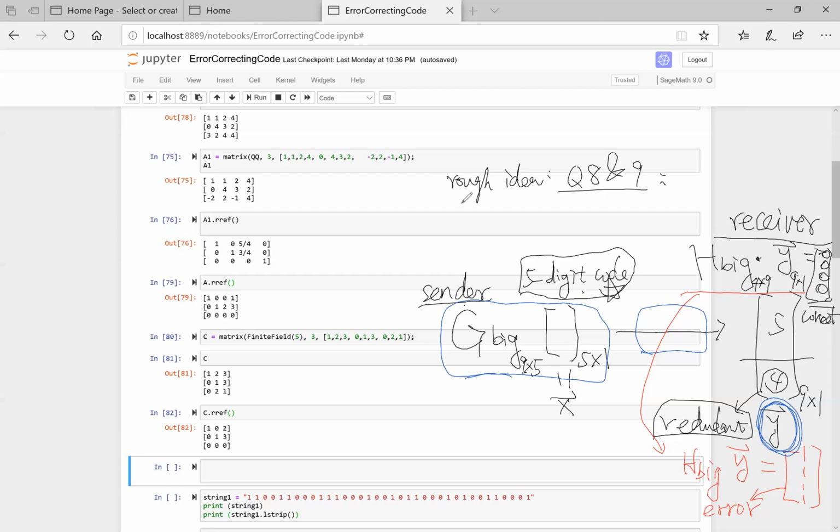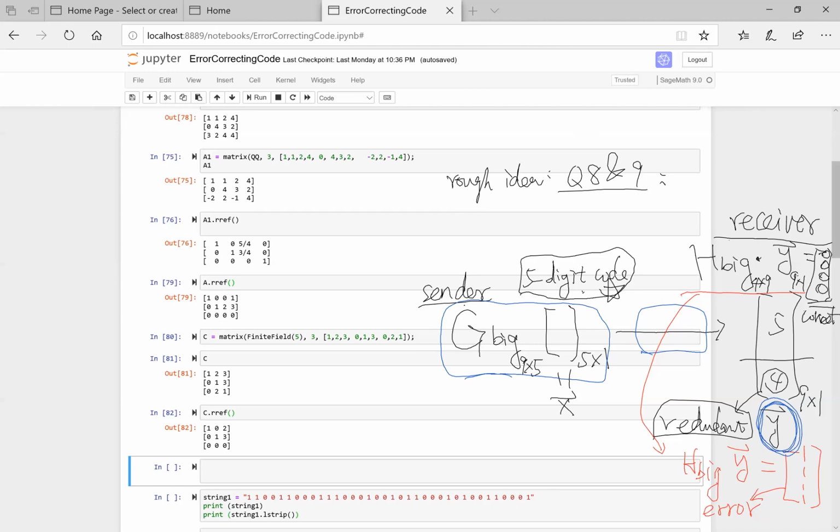That's actually a great point because it's closely related to the mathematics. Nice question.